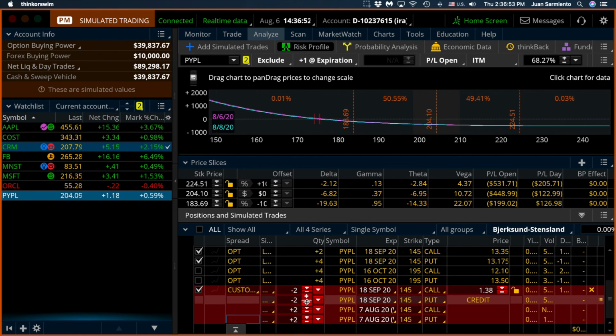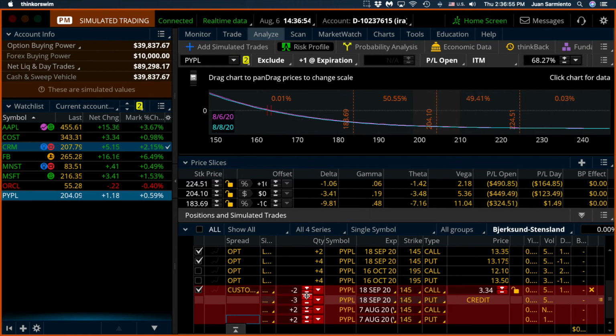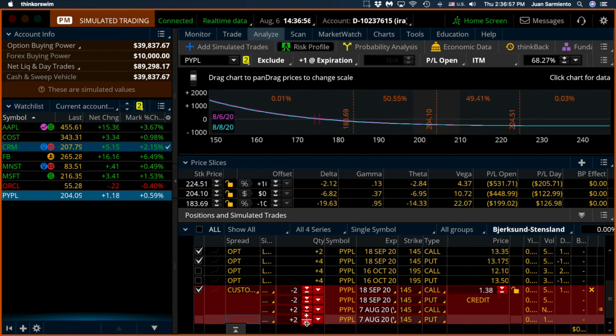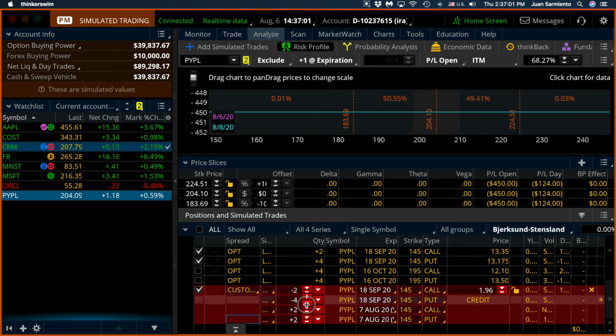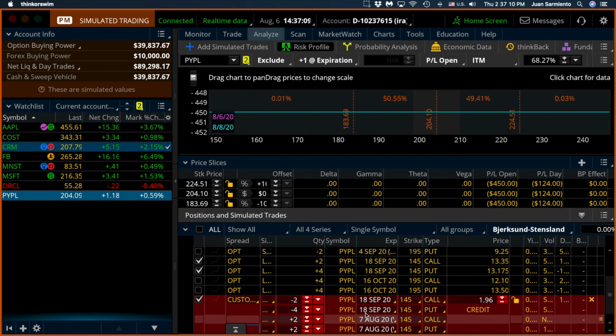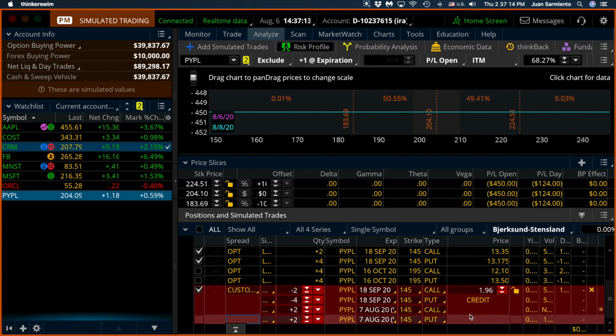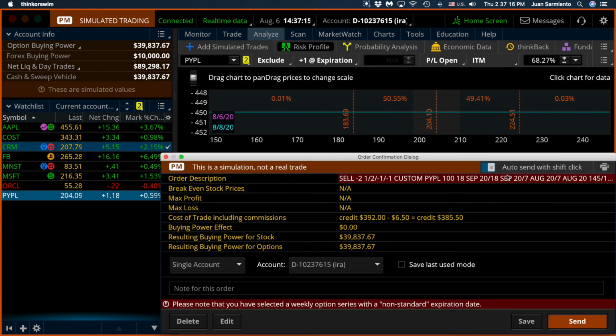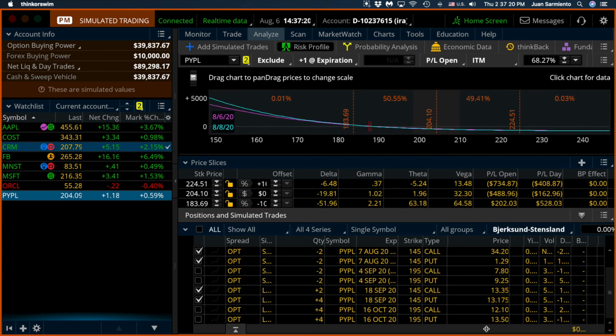And on the put side, September, I'm going to sell 4 puts. There it is. And that ends up flat. So the way to verify is always make sure that this line is flat, because those are all the 145s that I'm getting out of. Confirm and send, and we're going to get $392 back from that.